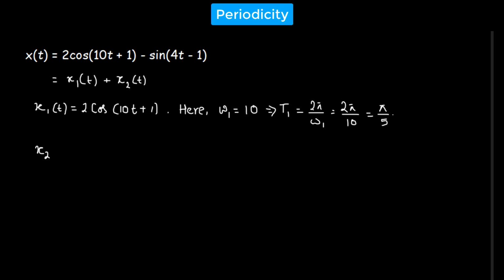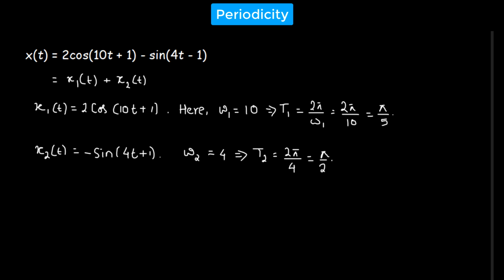Similarly, we're going to find the period of x2 of t, which is given by negative sine of 4t minus 1. Here omega 2 is equal to 4, so that gives us T2 equal to 2 pi over omega 2, which is 2 pi over 4. So we have a period of pi over 2.